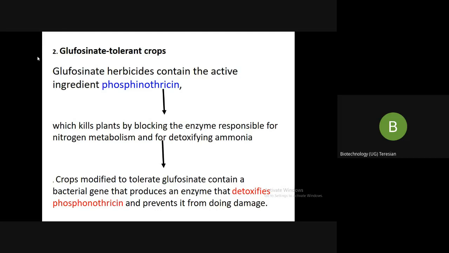The crops modified to be glufosinate tolerant contain a bacterial gene that produces an enzyme that detoxifies the phosphinothricin. So you are inserting a gene from the bacteria which can detoxify this phosphinothricin itself, and thus it can prevent the damage. So these are the two examples.